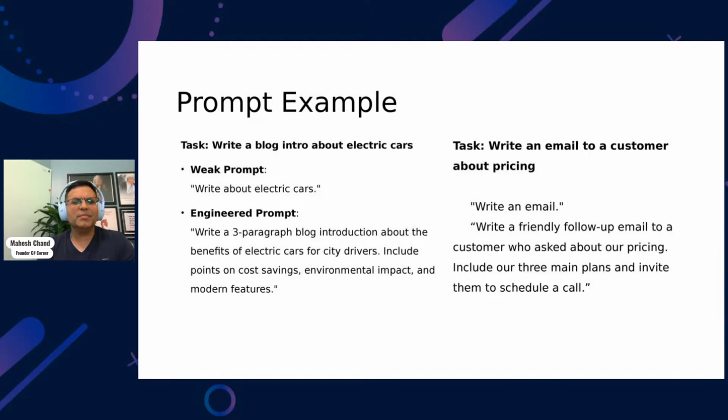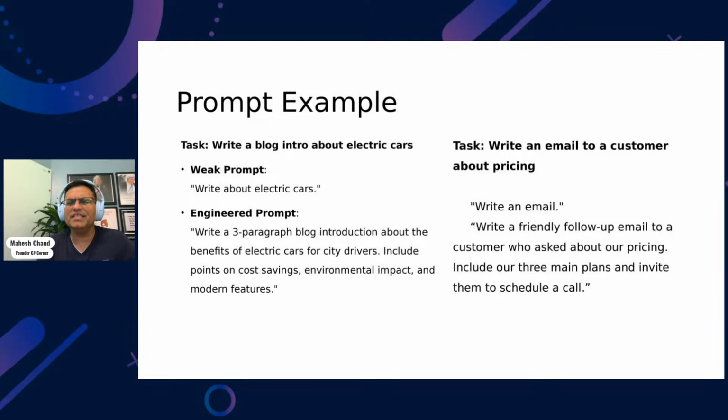But in the second part, you can say, write a 3-paragraph blog introduction about the benefits of electric cars for city drivers, including points of cost saving and so on. Take Tesla as an example. The more you give, the more AI can think and give you the desired output. That's exactly what prompt engineering is all about.